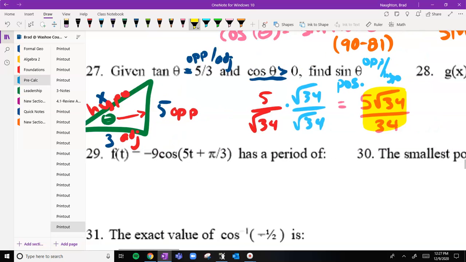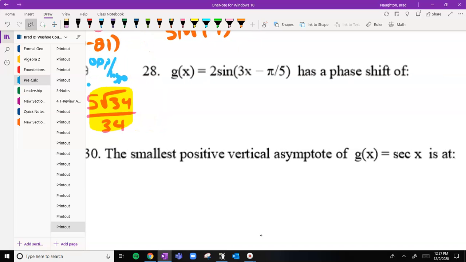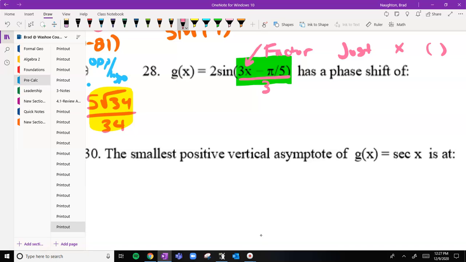Making sure I did this one right. I apologize for that. All right, so this is where we got into more of the graphing part, the phase shift. So the first thing we always should be doing is looking inside that parentheses and noticing that that is not factored. So we need to factor out so it's just x, because we want just x in your parentheses. So I'm going to divide everything by 3. So 3 goes into this 3 over here to make it just a 1x.